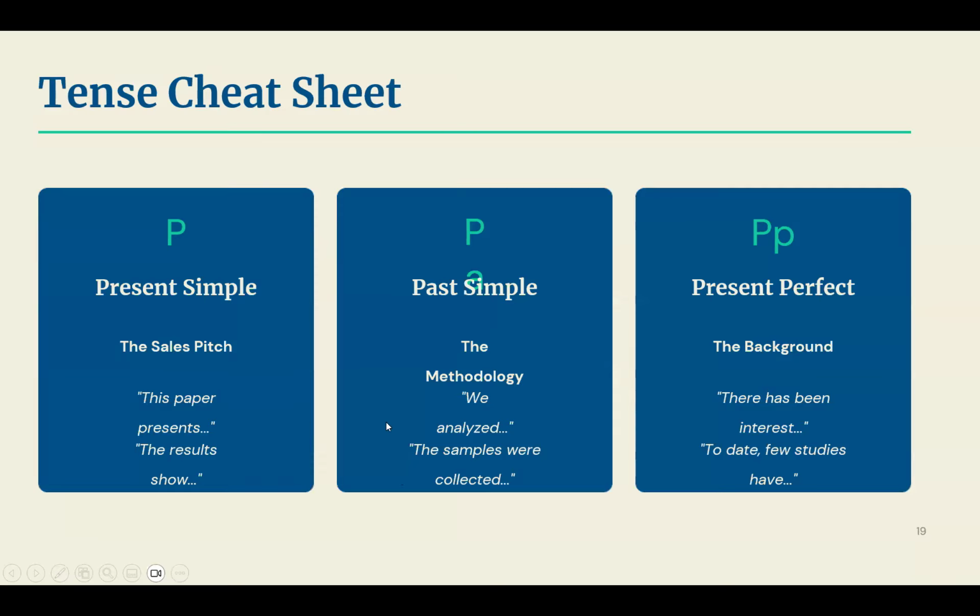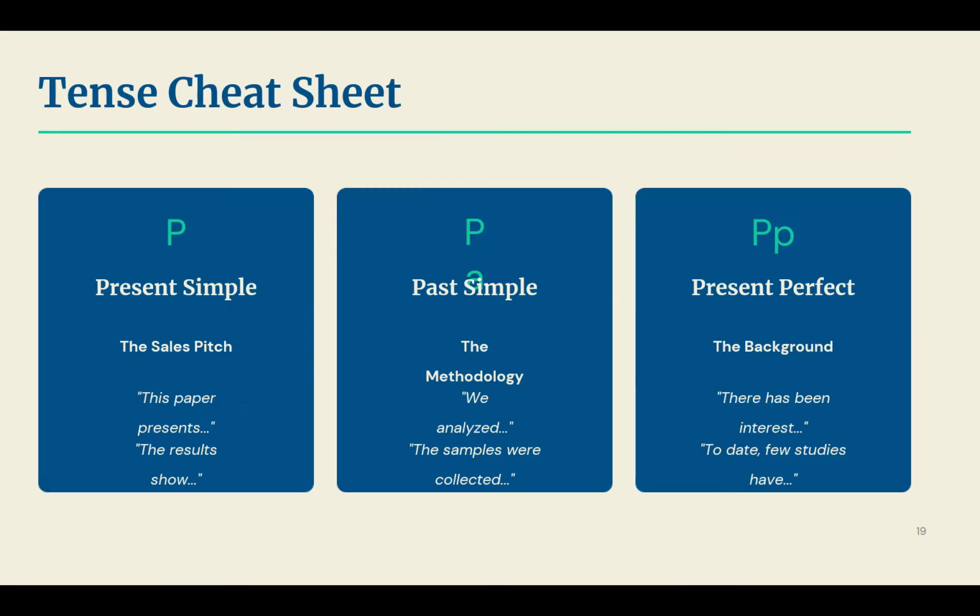What is this? Past simple, present simple, and present perfect. Look at the 3 examples. Now, if you write something in present simple, it can pitch the selling of your article.